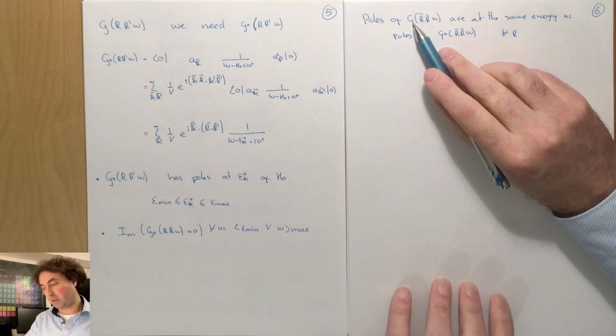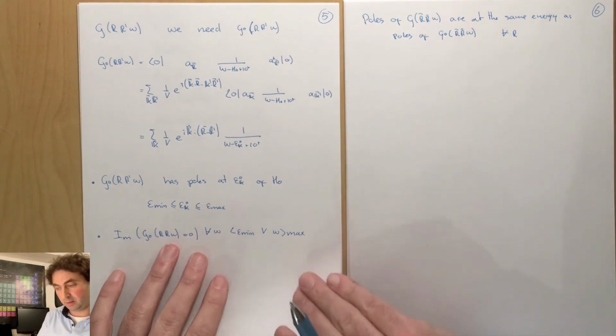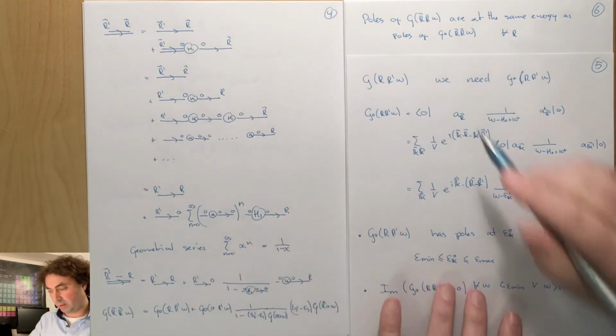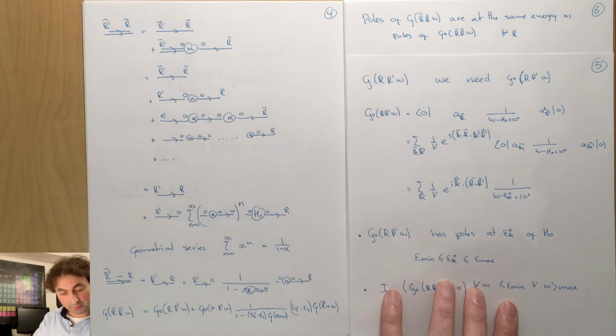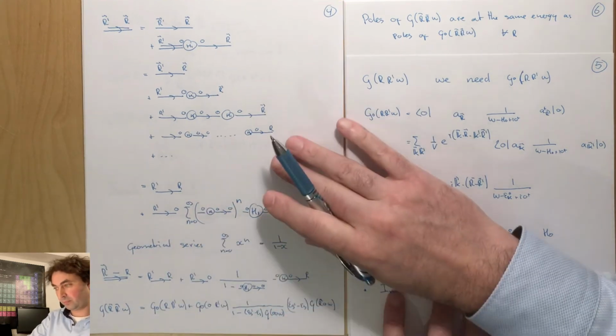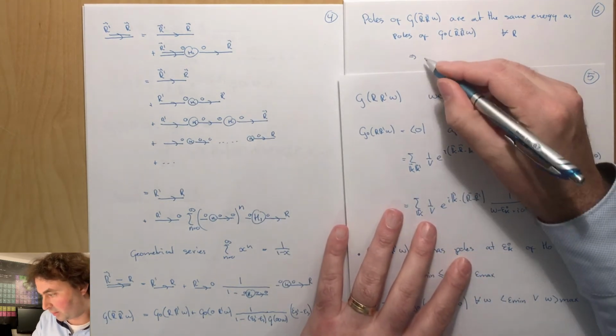So the imaginary part of my Green's function is the density of states. That gives you a delta function whenever you have an eigenstate. And you have eigenstates whenever you have poles. And the poles of G0 are the same there. So we can conclude that we have the same eigenenergies.